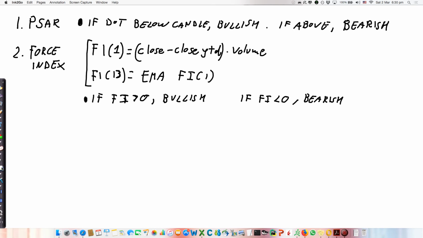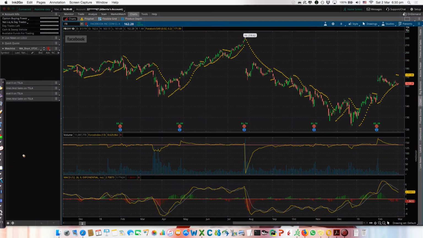Now, the last indicator we want to discuss here is the MACD. That is a quite popular indicator, and you can see it here. Again, I use the default setting that is 12, 26, 9, and I will not explain how this MACD is derived, but it's basically a combination of exponential moving averages.